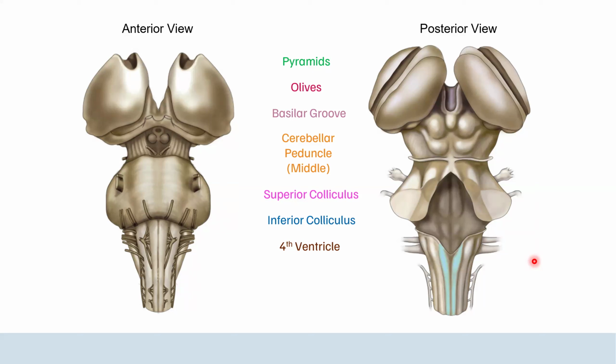Cuneatus is more lateral. Perfect. Okay. The medial longitudinal fasciculus, it's amazing that you've brought that up because it is very, very, very high yield. But I will be talking about that when I talk about the cross sections because that's where you can actually see it. You will not be able to see it on gross anatomy like this.